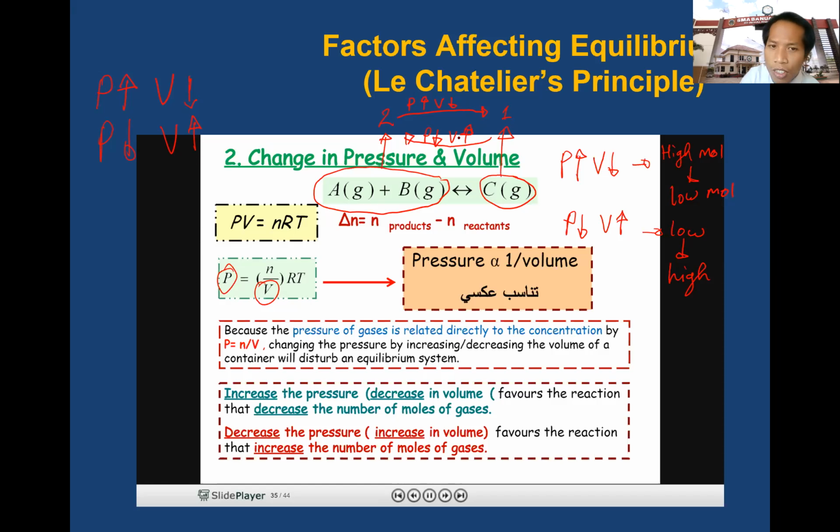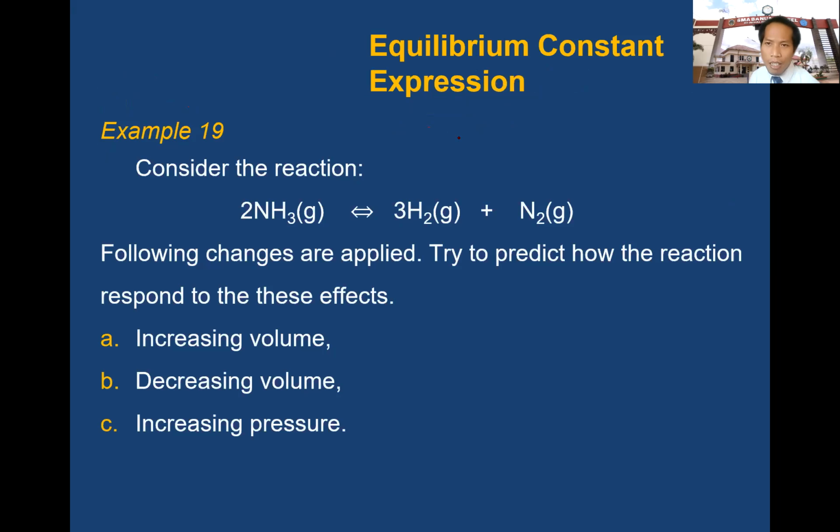All right, let's do an example here. For example, we have this reaction. The following changes are applied. Try to predict how the reaction responds to this effect. A, increasing volume. Volume increase, pressure decrease, shift to the right in this reaction.